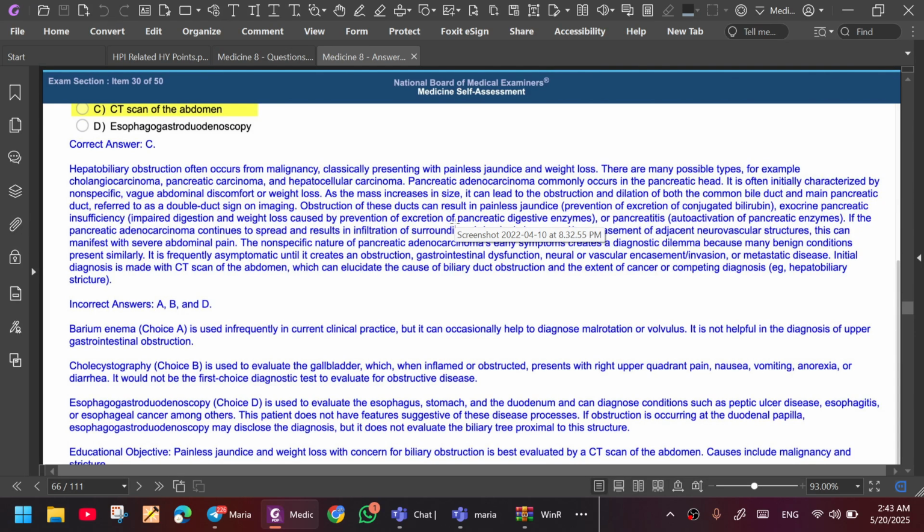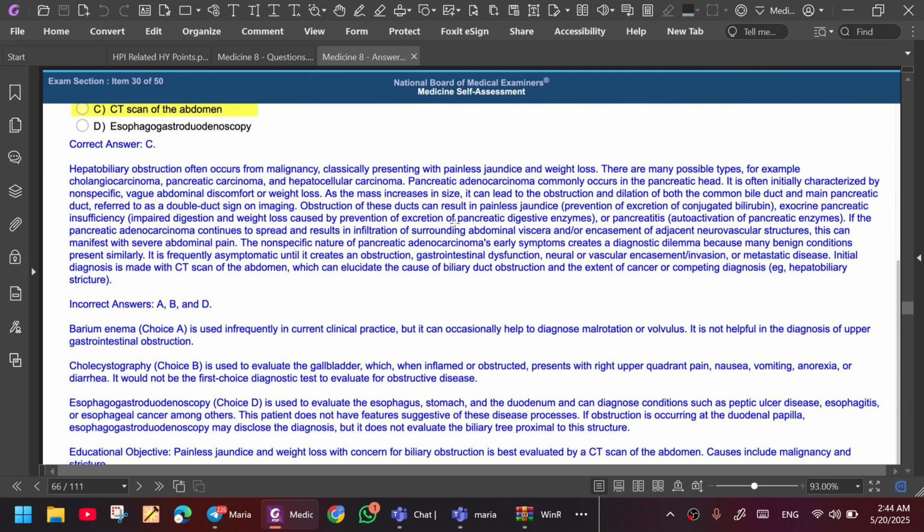Obstruction of these ducts can result in painless jaundice, prevention of excretion of conjugated bilirubin, exocrine pancreatic insufficiency, impaired digestion, and weight loss caused by prevention of excretion of pancreatic enzymes, or pancreatitis, activation of pancreatic enzymes.